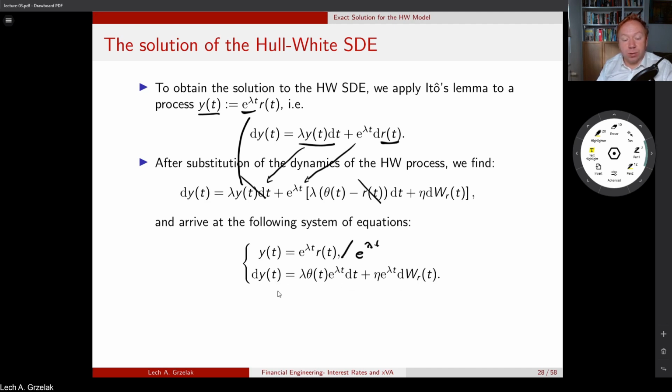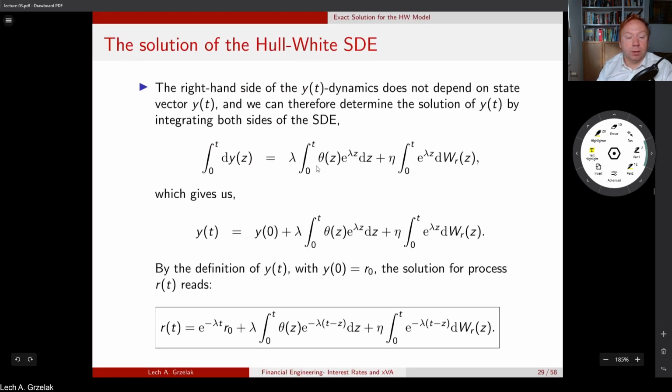If we would like to find a solution for Yt, we just integrate this process, because there's no dependence on Yt, so there's a direct integration, and then we find a solution for Rt. And this is done in this term here. So if we have a dYt process, then we integrate from 0 to t, and then we have this solution.